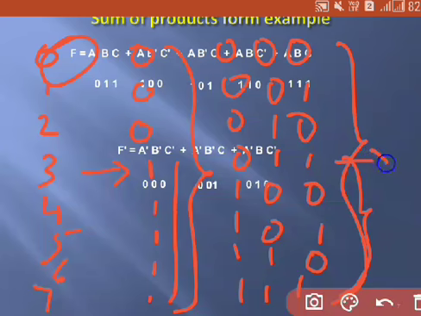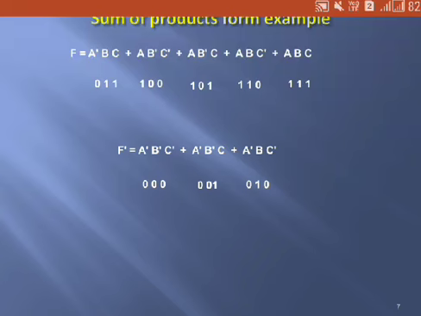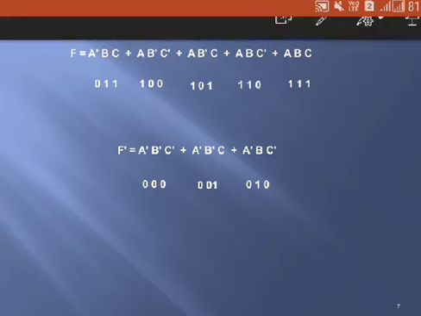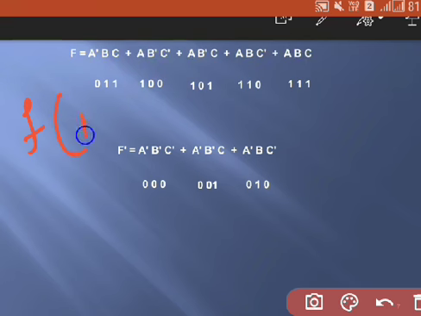So the minterm corresponding to 0 1 1 is A bar BC. 1 0 0 is A B bar C bar, 1 0 1 is A B bar C, 1 1 0 is A B C bar, and for 1 1 1 it is A B C. So this is how you are defining f of A, B, C. So f of A, B, C is equal to summation small m of, what is the minterm corresponding to 0 1 1?